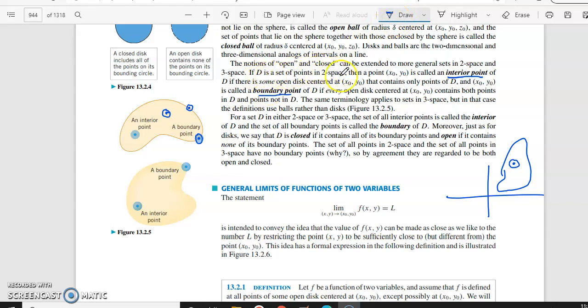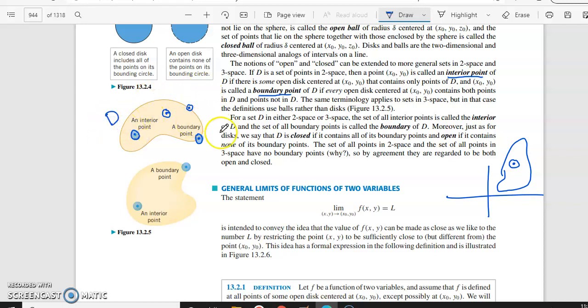So if D is a set of points in two-dimensional space, then a point x0, y0 is called an interior point of D if there is some open disk centered at x0, y0 that contains only points of D, and x0, y0 is called a boundary point if every open disk centered at x0, y0 contains both points in D and points not in D. The interior point, so there will be an open disk which contains only points inside.